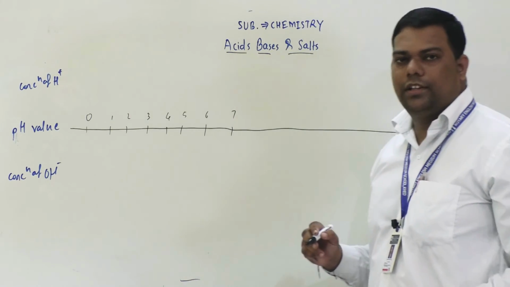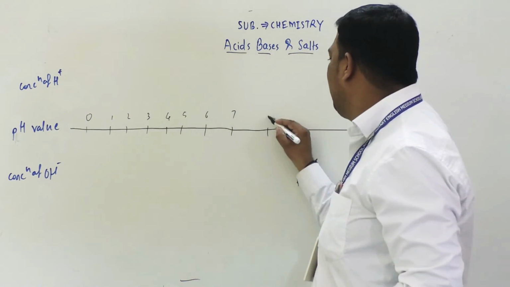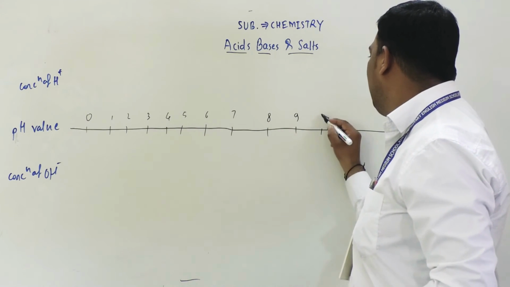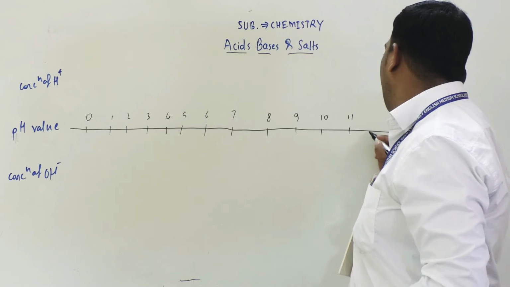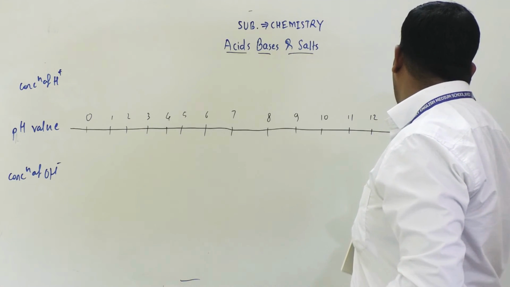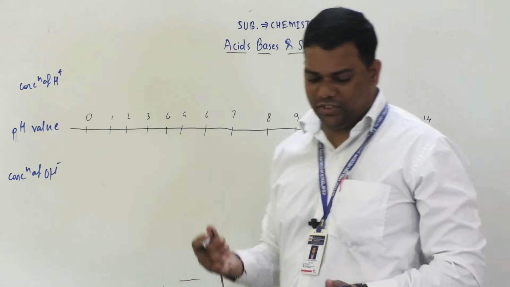Next, 8, 9, 10, 11, 12, 13, and here 14. Now how will the concentration of H plus vary?